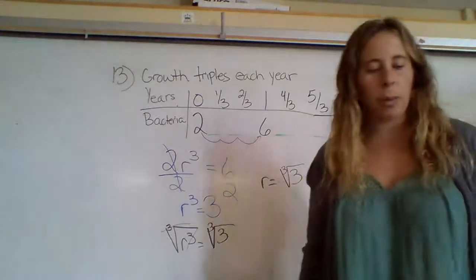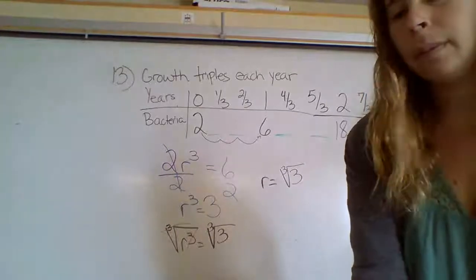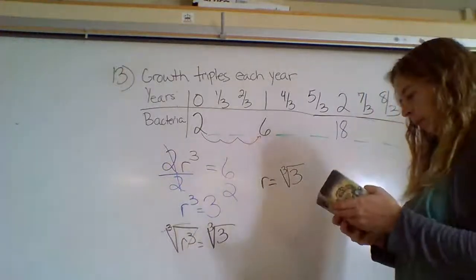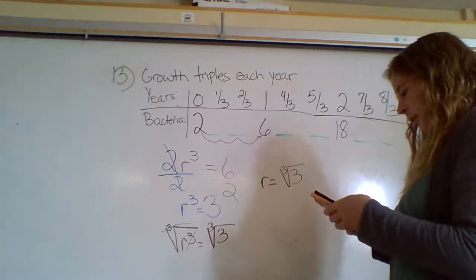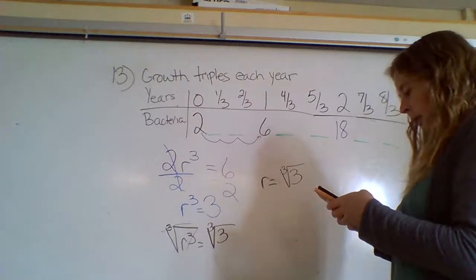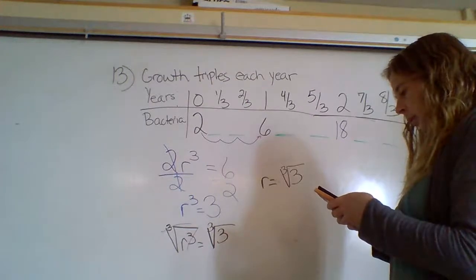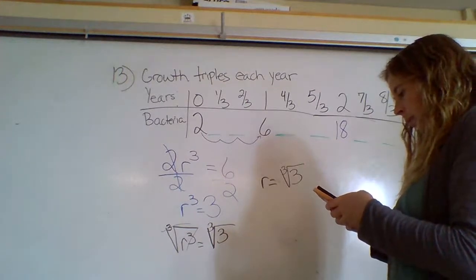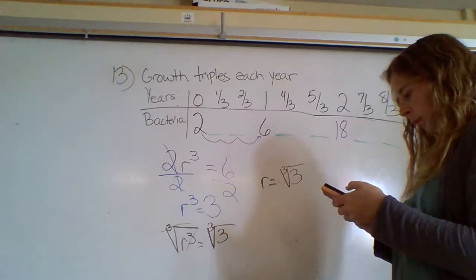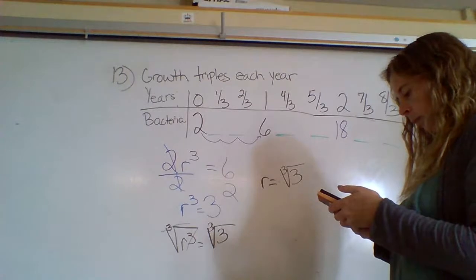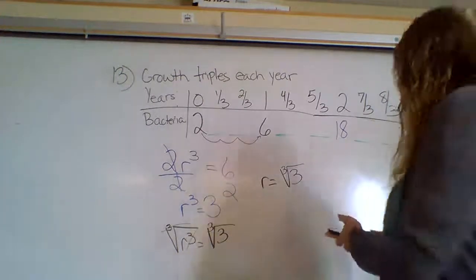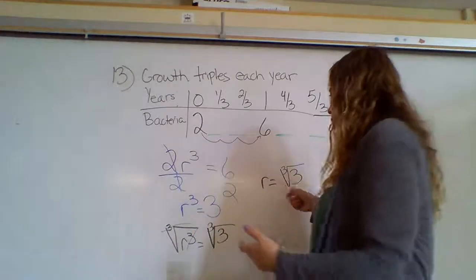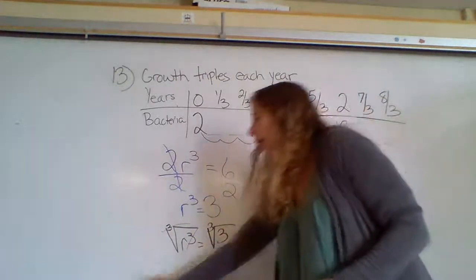Okay, to make this more real for you, I am going to turn it into a decimal. So the cubed root of 3, this is a number, okay? We're just leaving it in this form.